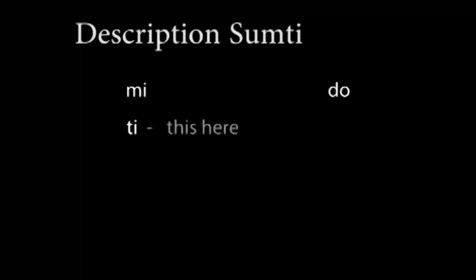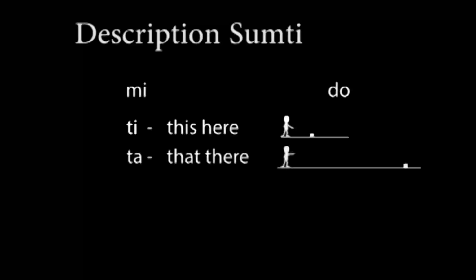Where ti means this here, ta means that there. And tu could be interpreted to mean that yonder. All three refer to some object that the speaker is looking or pointing at. The difference between them essentially boils down to a subjective notion of proximity of the object to the speaker, similar to their English counterparts.